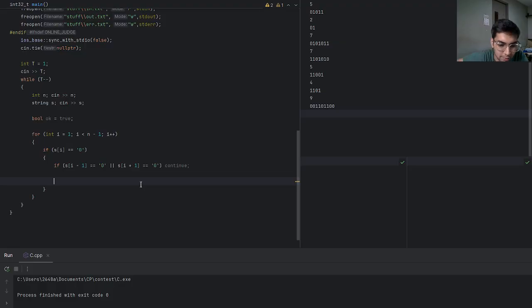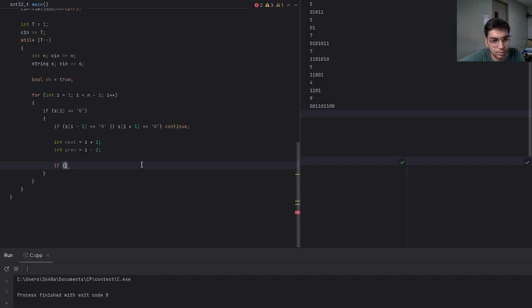So now we want to check. Let's say next is i plus 2, right? And prev is i minus 2. So first of all, if prev is greater than 0 and s of prev is already a 0, then also continue, right?